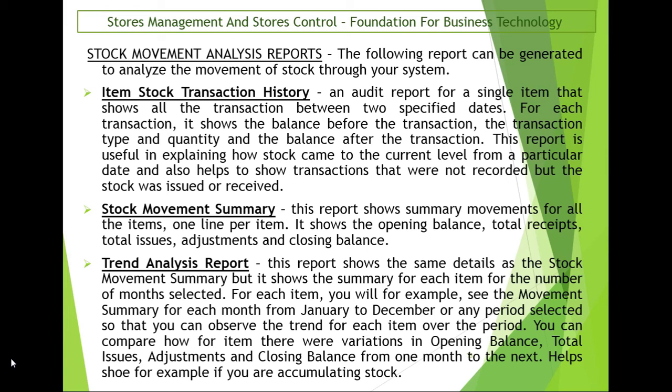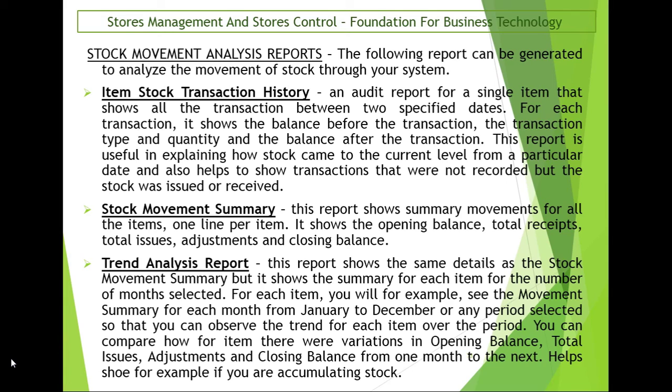So in other words, it's showing you the net movement from the beginning of the period to the end of the period. When you take this single summary line for the month and you add the line for the same item for February, for March, for April, you get the next report, which is a trend analysis report, because it is showing summaries for each month, one after the other.